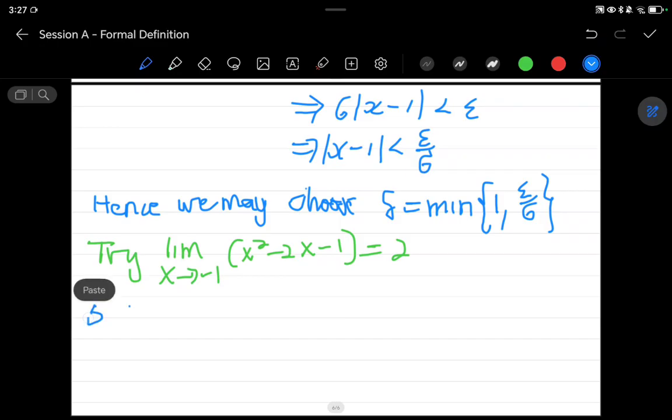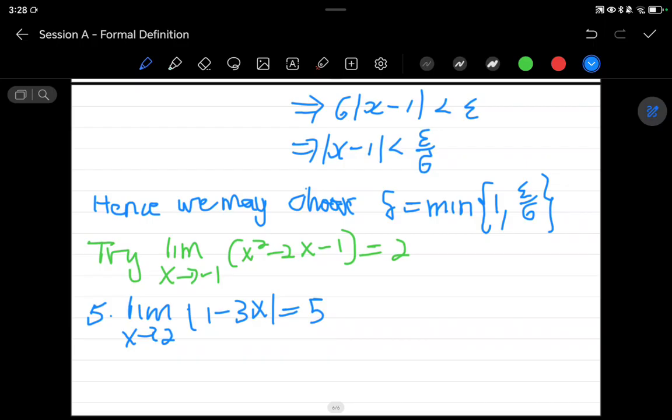On number 5, we have that the limit as x approaches 2 of the absolute value of 1 - 3x is equal to 5.